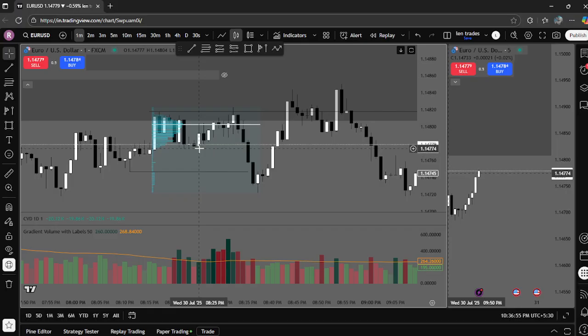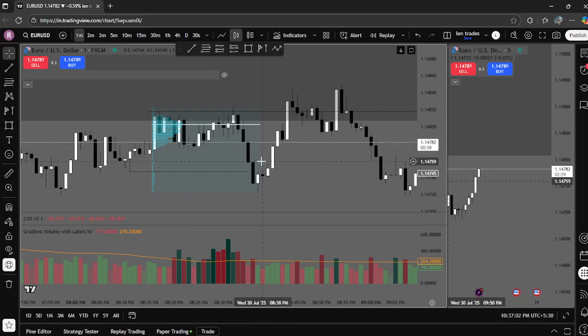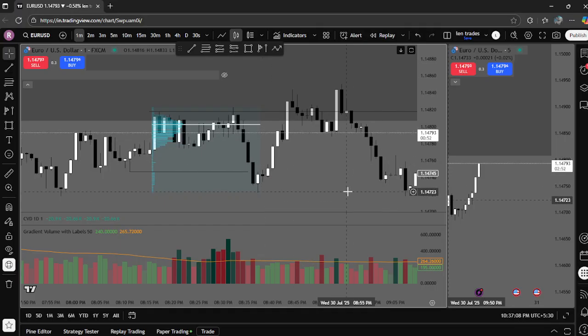So we want to see volume come into the market. If not, that possibly tells us it's most probably a fake out, or the move is not going to be aggressive. It's going to be slow until and unless volume comes.